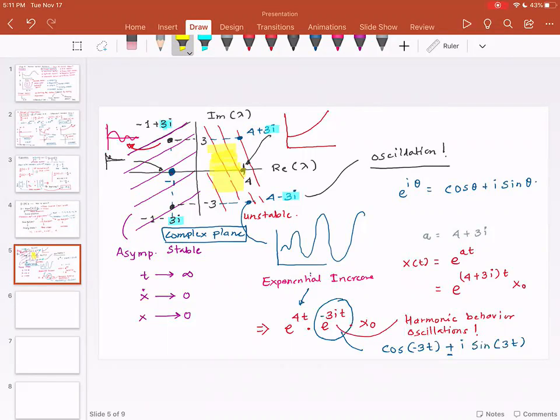If we want to design a motion control system, then what we should do is somehow transfer the eigenvalues from the right hand side to the left hand side.